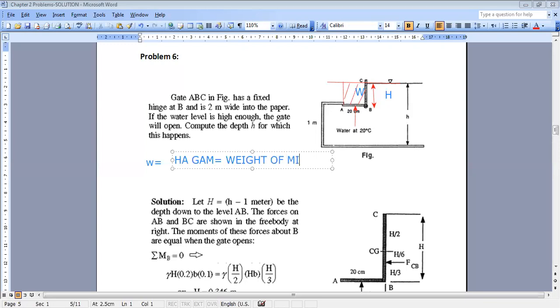Now, why can I say that the weight of the missing volume is equal to the force I want to find? Because if I do a small analysis to demonstrate this issue, I can take this control volume. I can consider water as my system of interest. I will take this part. Why do I take this part?